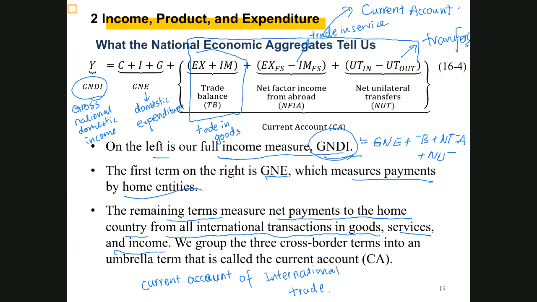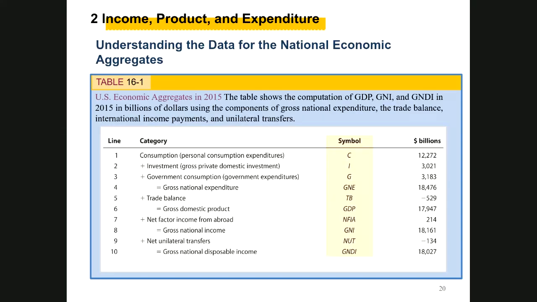It includes trading goods, trading services, and transfers. Okay, so now we know that the broadest, the widest definition of the national account could be written as this.